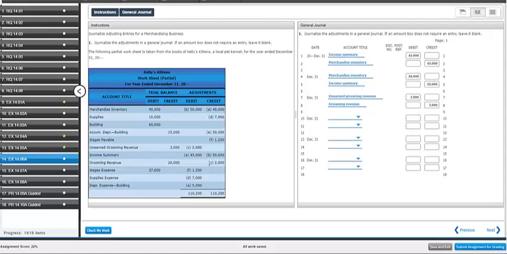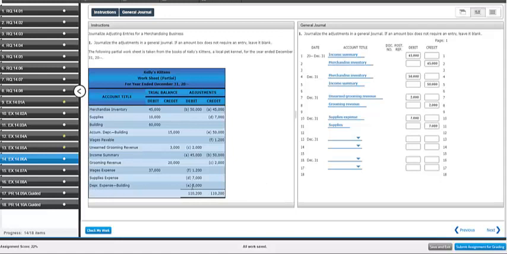D is the supplies adjusting entry. I hope you remember this from our previous chapter. We're going to debit supplies expense and credit supplies for $7,000. And E is our depreciation adjusting entry.